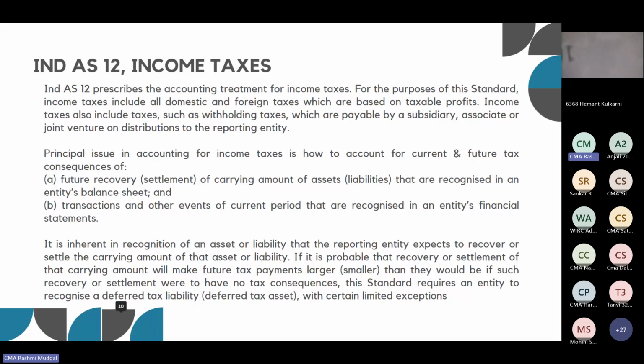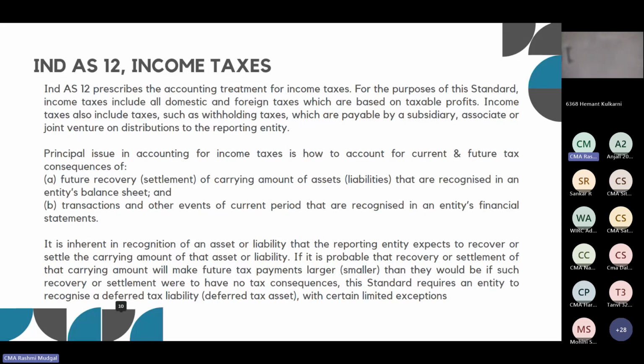Okay, so future recovery or settlement of the carrying amount of assets or liabilities that are recognized in an entity's balance sheet, and transactions and other events of the accounting period that are recognized in the entity's financial statements. It is inherent in the recognition of an asset or liability that the reporting entity expects to recover or settle the carrying amount of that asset or liability.